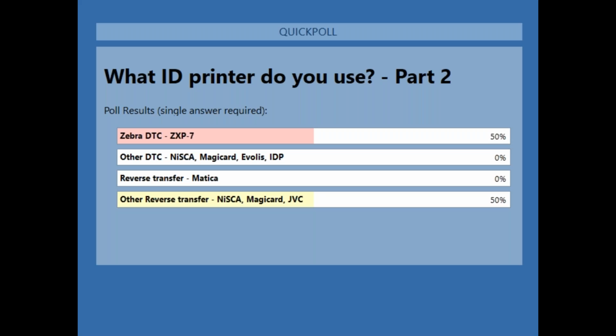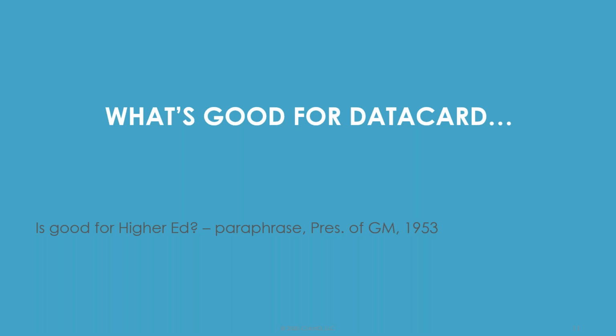We had someone utilizing Zebra's direct-to-card line, the ZXP7. And then we still had 50% utilizing a reverse transfer from the makes of either NISCA, MAGICARD, JVC. That's kind of like the OEM manufacturer of those guys these days. So awesome, thank you all very much for participating in that poll. I'll catch you on the next one.